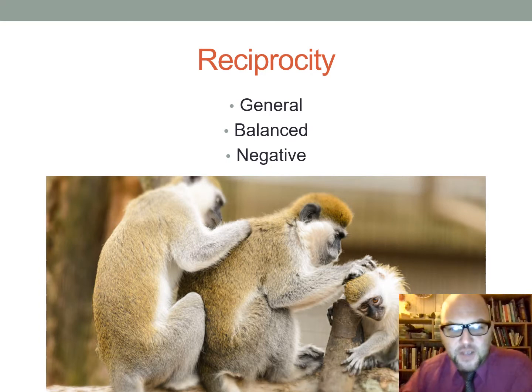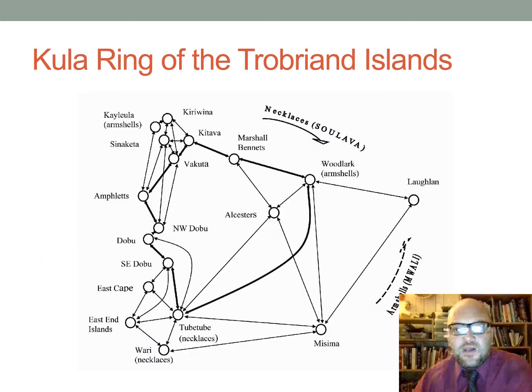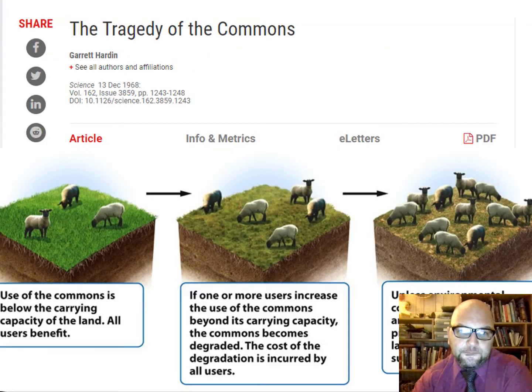I talked about reciprocity before, and this kind of comes in there, and we had discussed the Kula Ring and the Trobriand Islands just a little bit, again, about this concept that goods, services, supply, demand, production, consumption, exchange, it's about more than the object. It's about the relationships that are built. It's about the ideology behind it. It's about the symbolism behind it. It's about all of these things, okay?